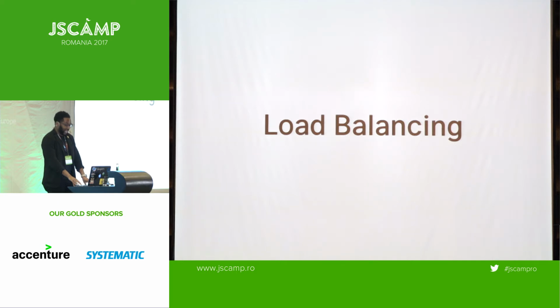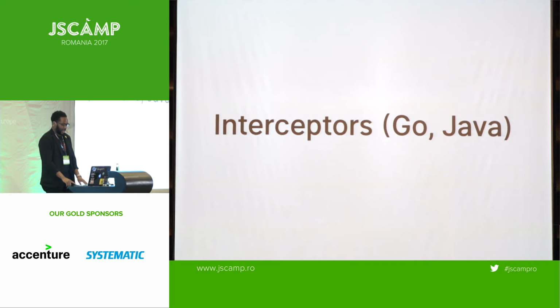But it's kind of dope to me. Some languages have more features than others, primarily Go and Java, because Google loves both of those. But basically, it has support for interceptors. So let's say you're doing some repetitive logic, whether it's logging, error handling, something of the sort, in the same manner on every endpoint.